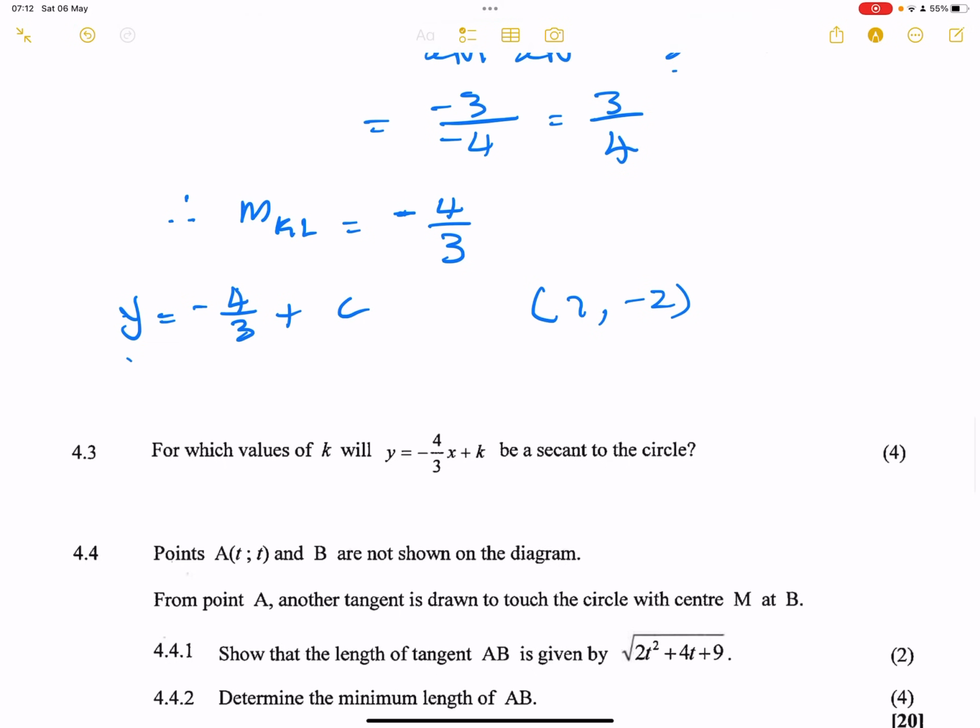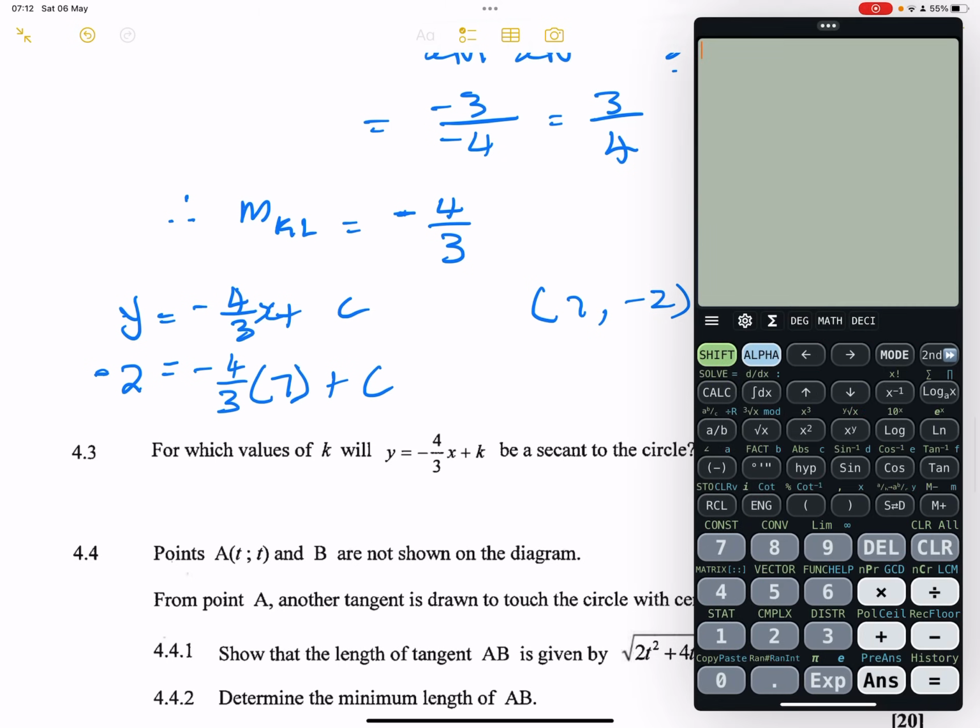So when y is negative 2, x is, sorry, I forgot to write x there, so −4 over 3 times x, where x is 7, and we're looking for our c value. Okay, so let's find that out.